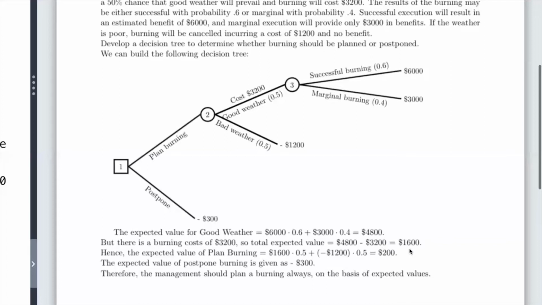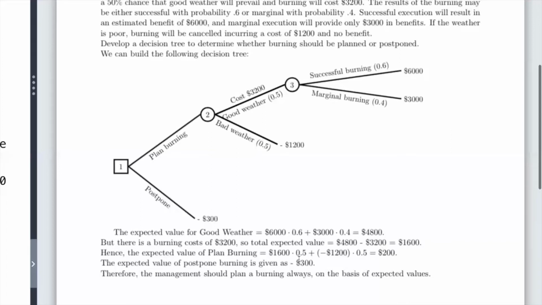Right now we're here for the planned burning, we have the two options, good weather or bad weather. So we do the same thing. Our expected value if we have good weather is 1,600.